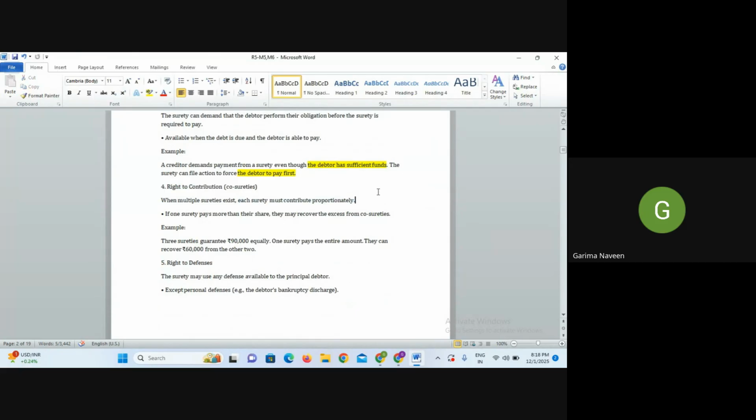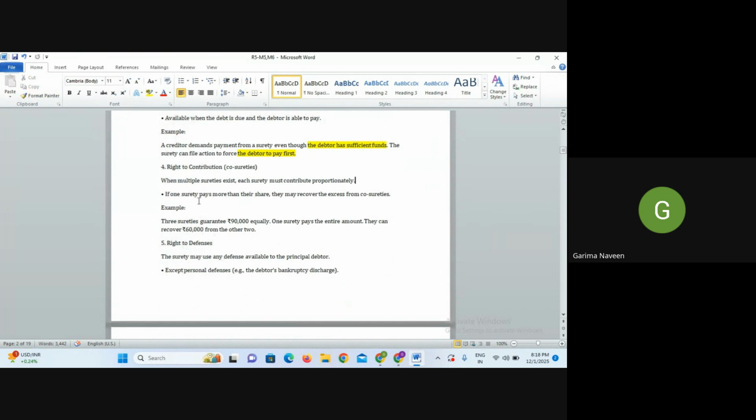So suppose they are paying some $150 to the creditor and there are three sureties here. Even if one surety is paying $150, then this 150 should be divided among these three sureties. If one surety pays more than their share, then they may recover it from the co-sureties.